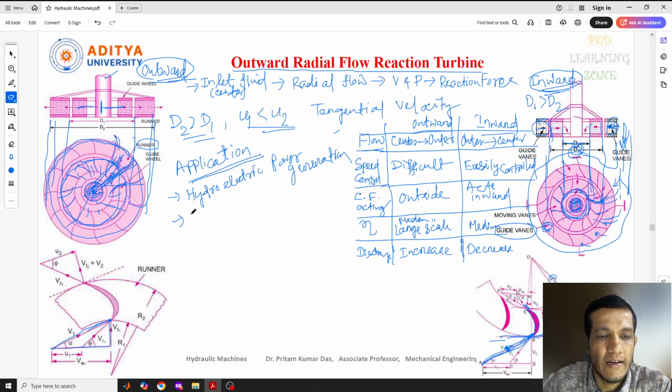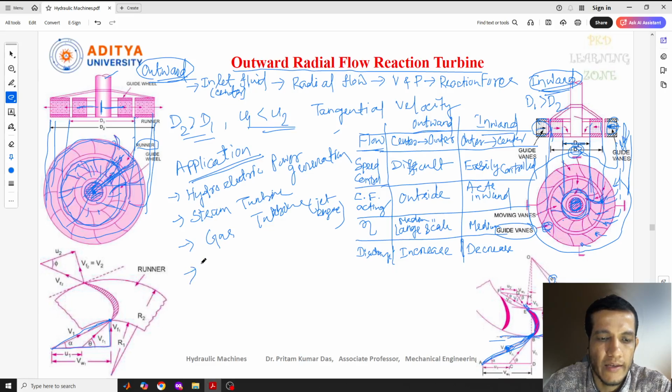Along with it, we can also use this for the steam turbine in power plants, like electricity generation. The same thing we can tell. And along with that, in the gas turbine, like in advanced power generation systems such as the jet engine, an example is the jet engine.